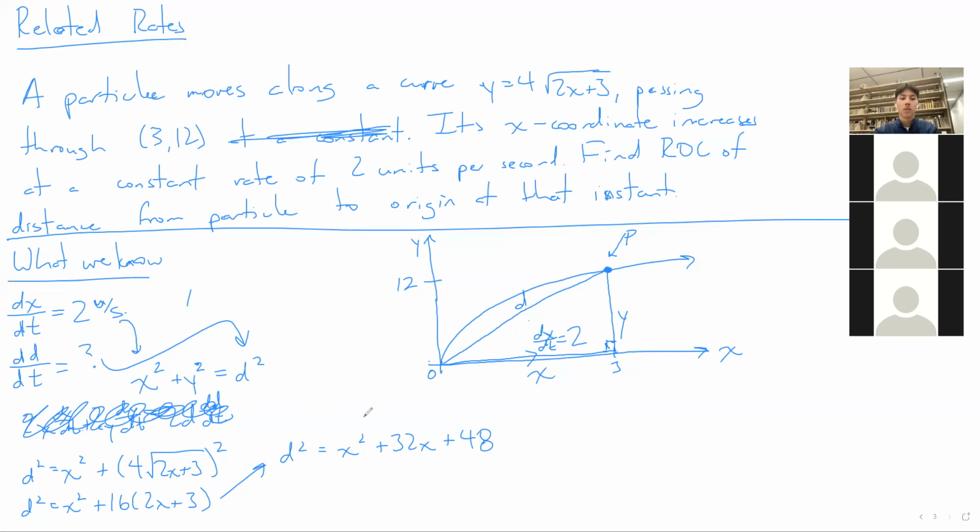You could do that. The only caution I would give: since this is true, this is also true. D equals the square root of x squared plus 32x plus 48. Could you differentiate both sides of this with respect to time? You could, yeah.